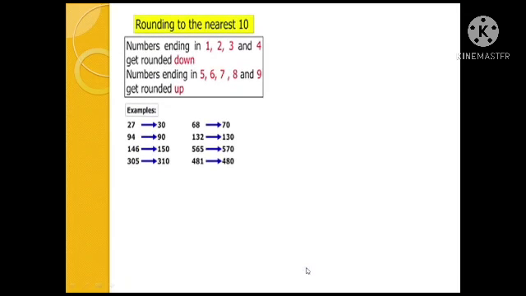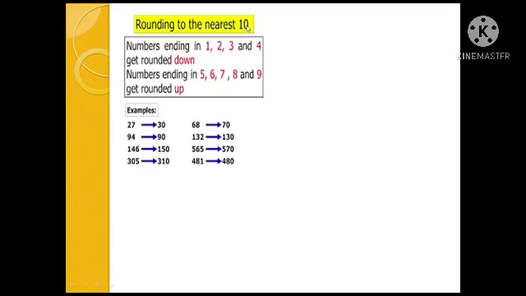This is rounding to the nearest tens. If the number ends with 1, 2, 3, 4: in rounding to the nearest 10, you should not look at the tens digit, because we are rounding the tens.